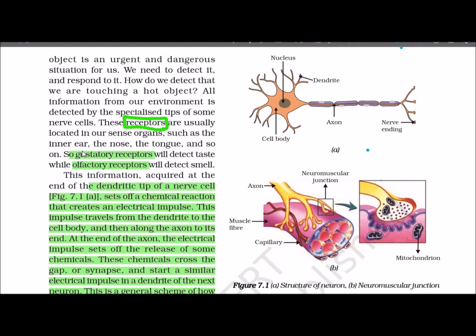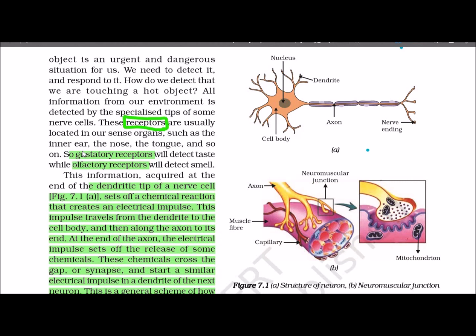photoreceptor, gustatory receptor, olfactory receptor, and so on. So what is a photoreceptor? It detects light and forms images. They occur inside the eye. Second is the gustatory receptor, which detects taste and is located in the taste buds on the tongue. Third is the olfactory receptor, which detects smell and is located in the nasal cavity.